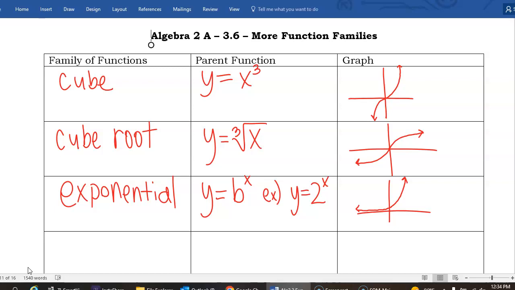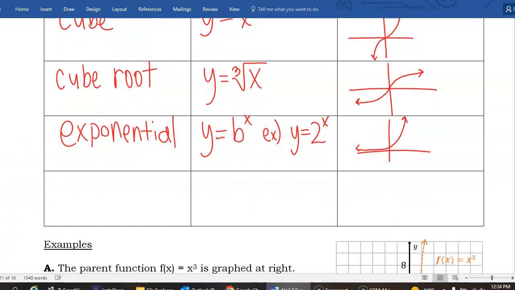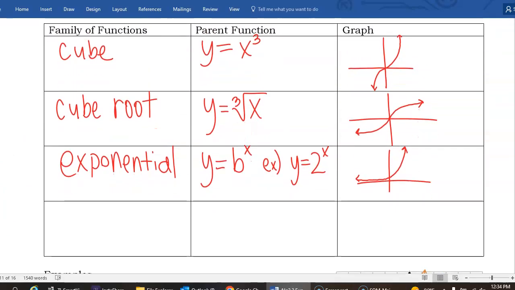And then the final one that we're going to do is the reciprocal function, also known as the inverse function, depending on who you talk to. They're the same. So I'm going to use those kind of interchangeably. The reciprocal function, reciprocal, and also known as the inverse function.